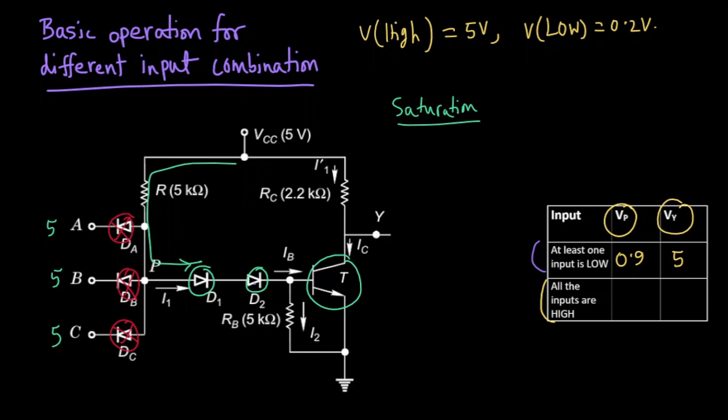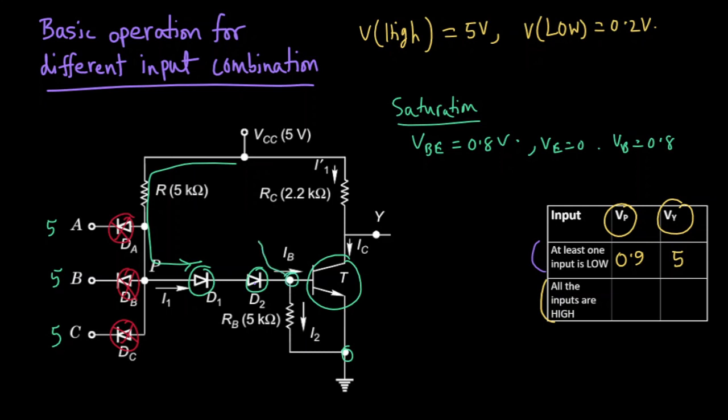As the transistor T is in saturation, the base emitter voltage will be 0.8 volt. The emitter voltage is 0 because it is grounded, so the voltage of the base node will be 0.8 volt. So this is the base node.